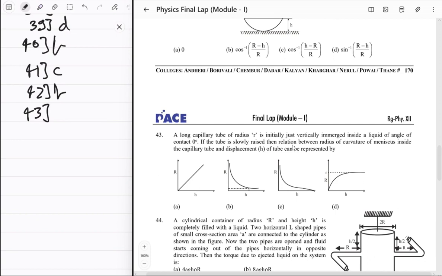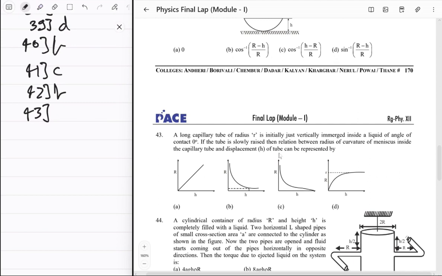If the tube is slowly raised, then the relation between the radius of curvature of the meniscus inside the capillary tube and the displacement of the tube can be represented as.